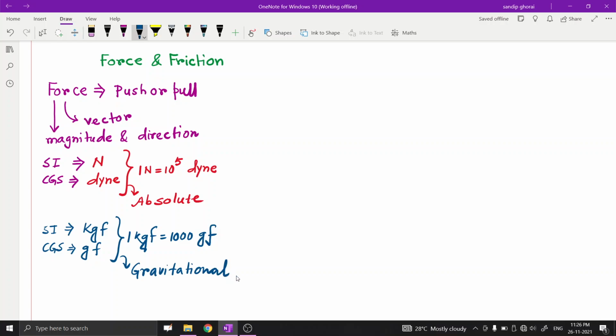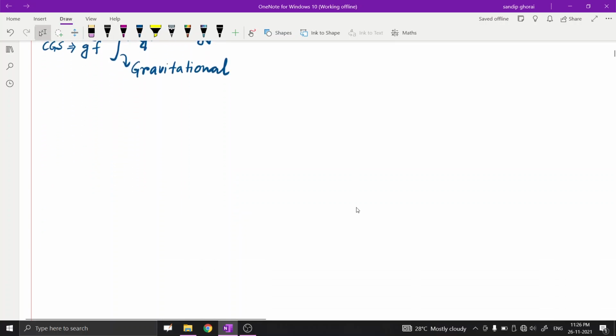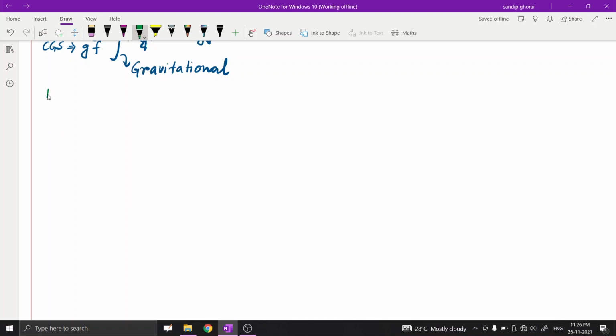Actually we have to know about the effects of forces. So the next point is the effects of force. What are the effects of force? There are several effects. The first one is that a force can move a stationary object.